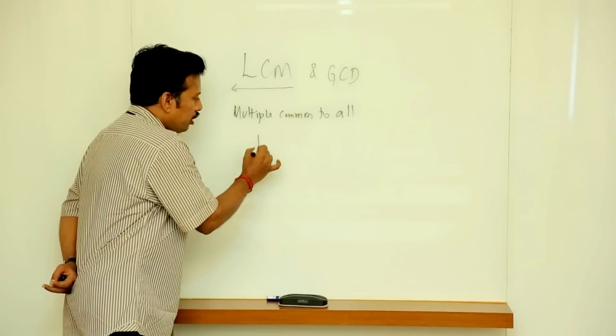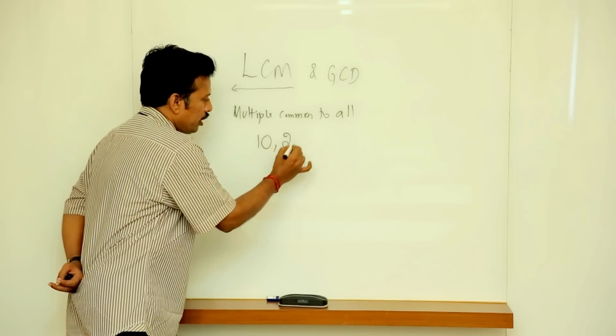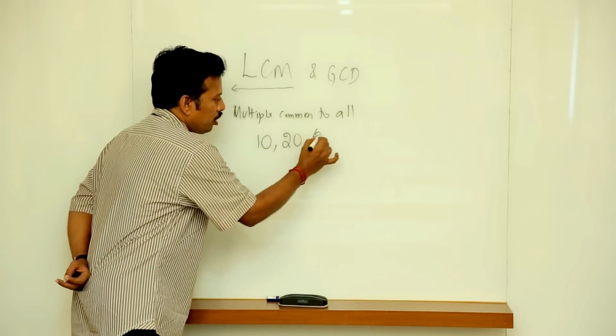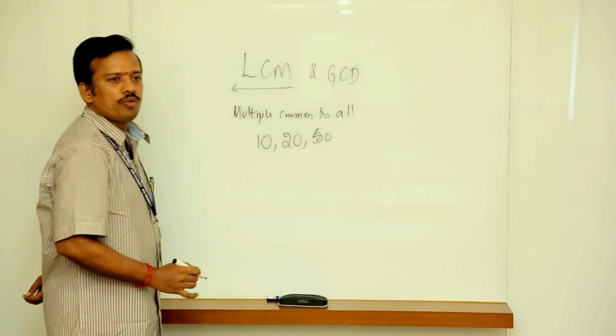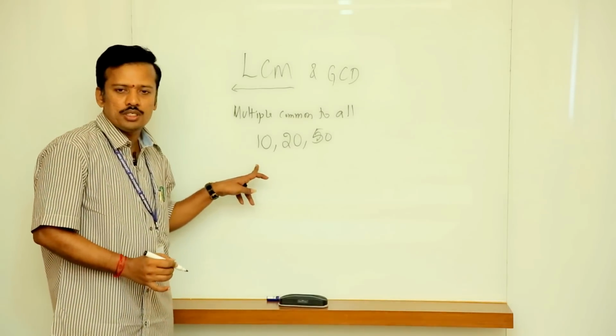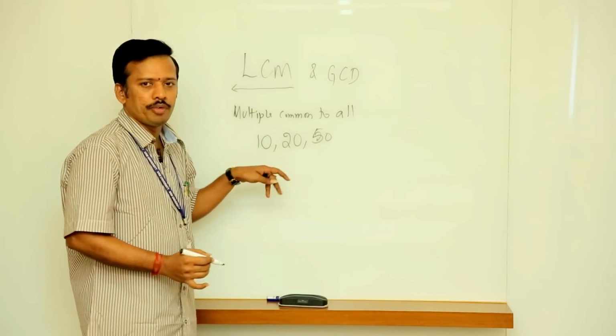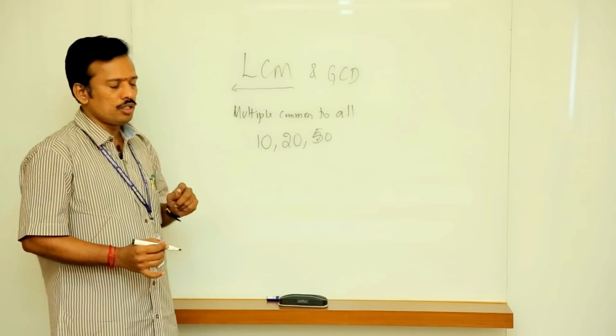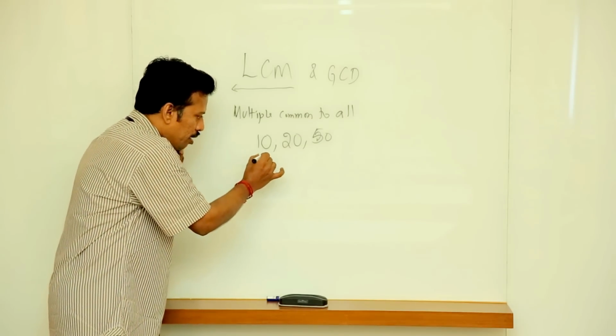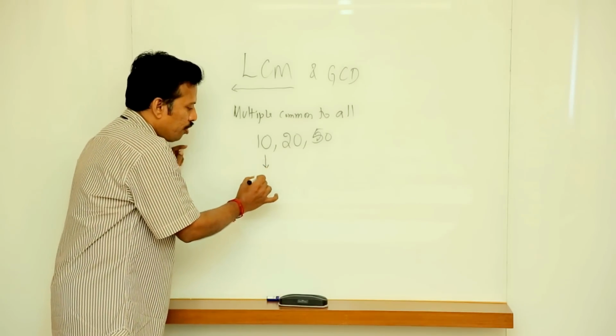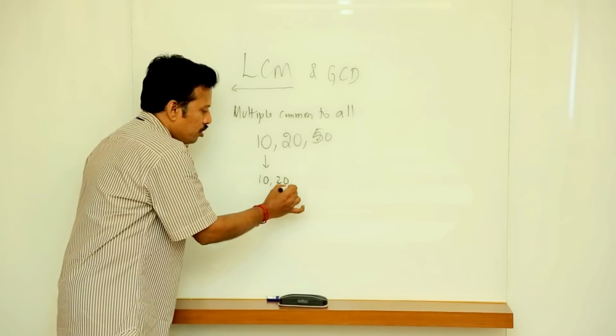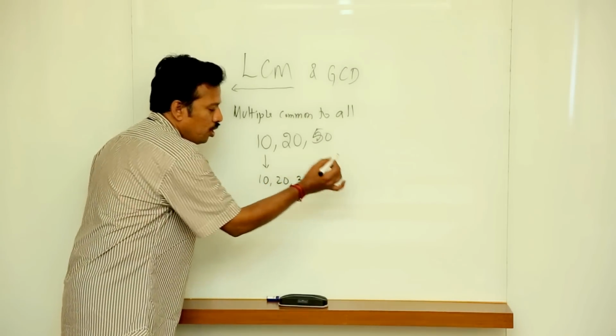When you find the LCM of the numbers, let us say 10, 20 and 50. What are multiples? Multiples are nothing but the higher quantities. For example, multiples of 10 are 10, 20, 30 and so on.